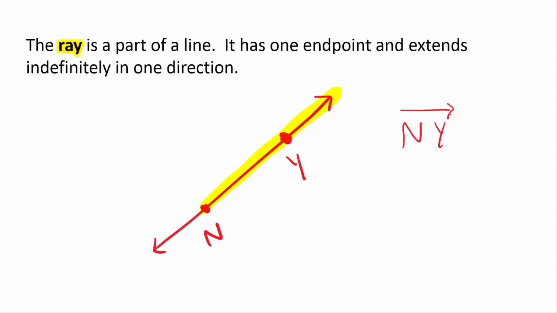Now, if you remember back to lines and line segments, it didn't really matter in which order the letters appeared, but for rays it does matter. You need to start with N, which is the endpoint, and Y is the second letter. So you cannot write it YN. You cannot do it that way.